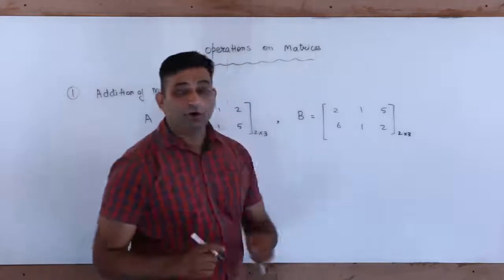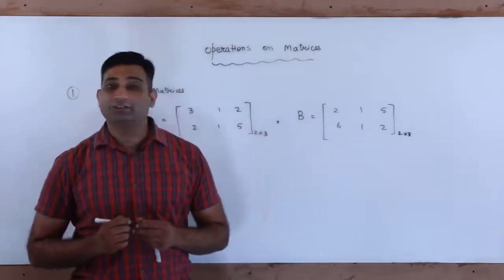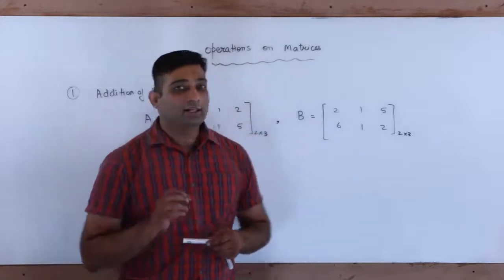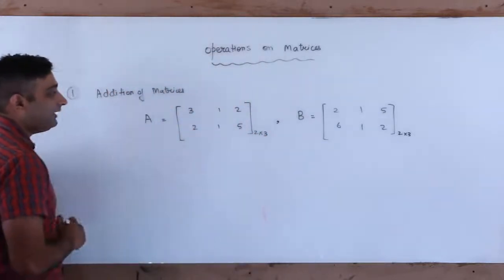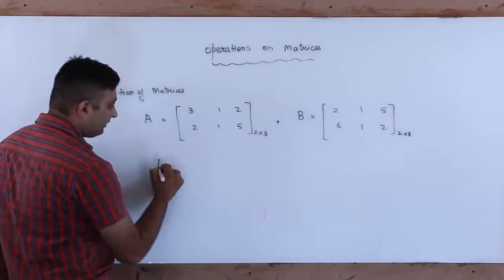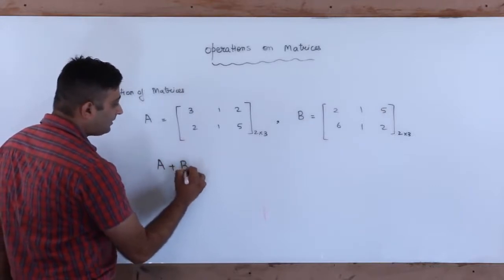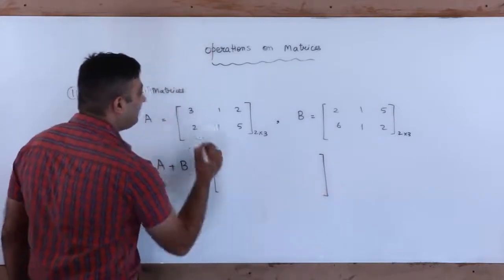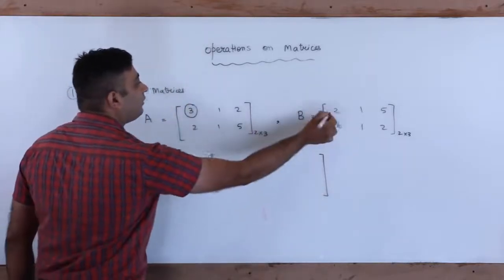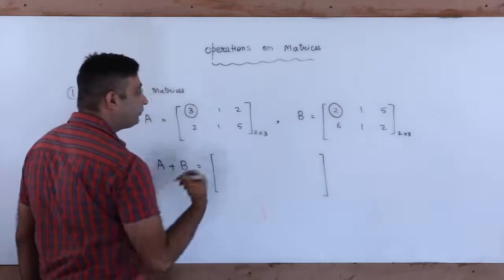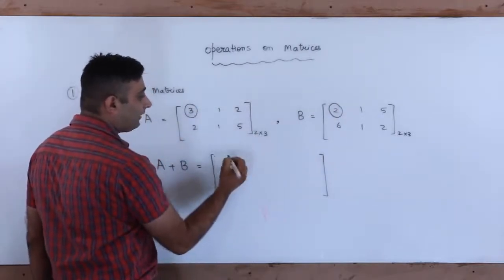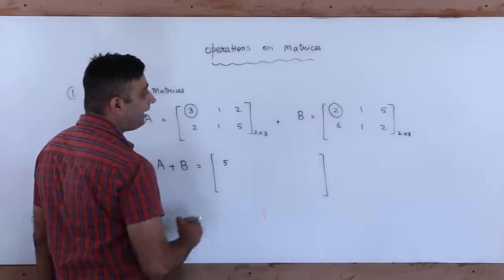Note that if the order of the matrices is not the same, then we cannot add these matrices. Order of these matrices must be the same. Then the operation A plus B will give you the values after adding the corresponding entries of the two matrices, that is 3 plus 2 will be put at the place of A11, that is equal to 5.